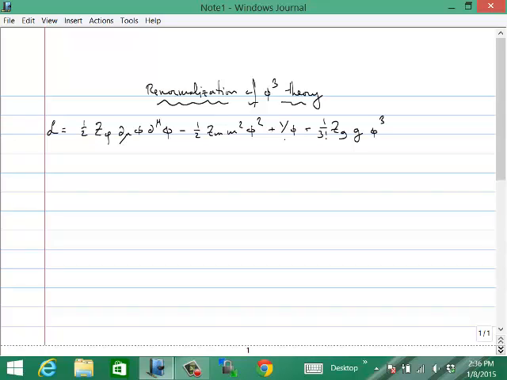So for example, this counterterm y here is adjusted to cancel the tadpole diagrams. So this is to cancel tadpoles, and to enforce the condition that the vacuum expectation value of the scalar field is equal to 0.